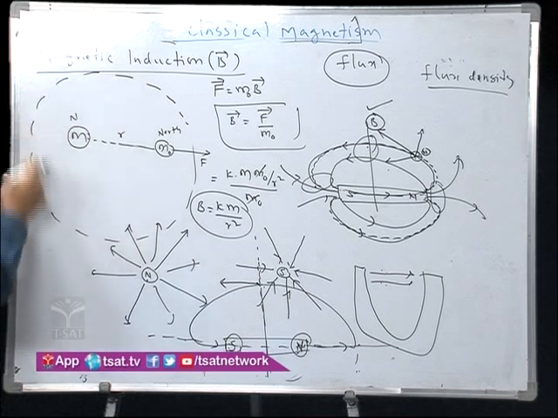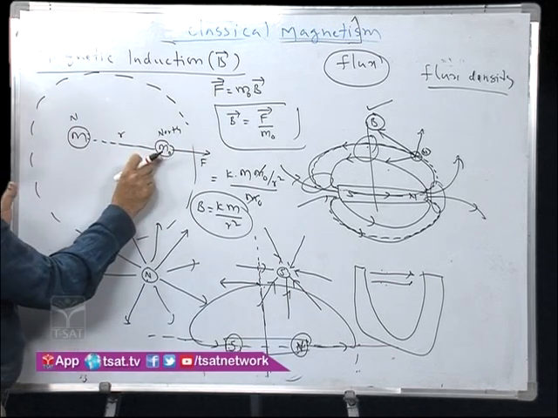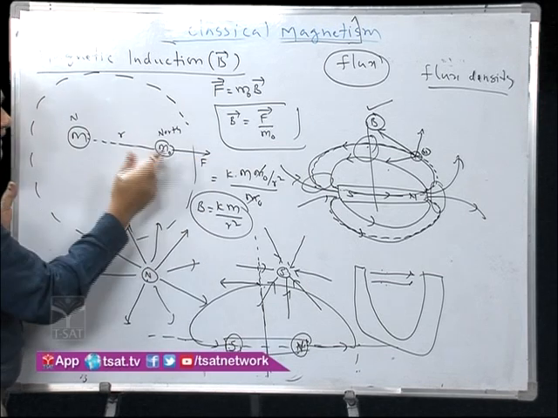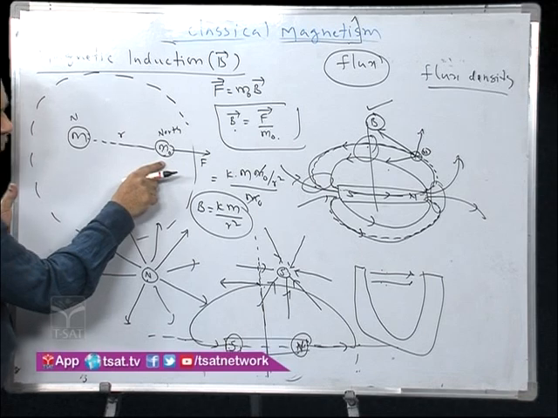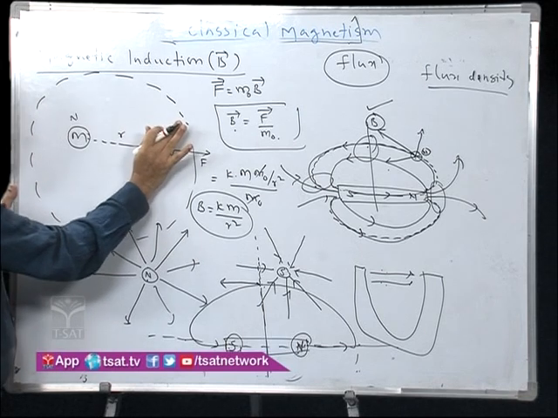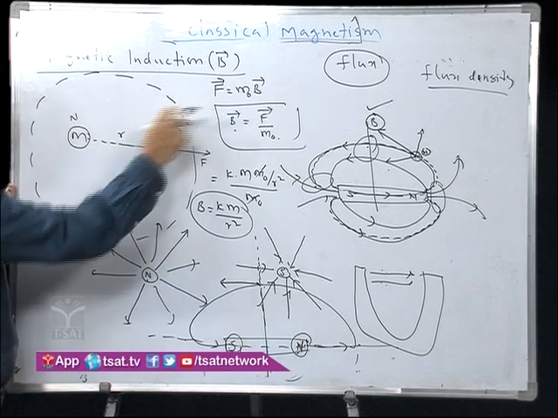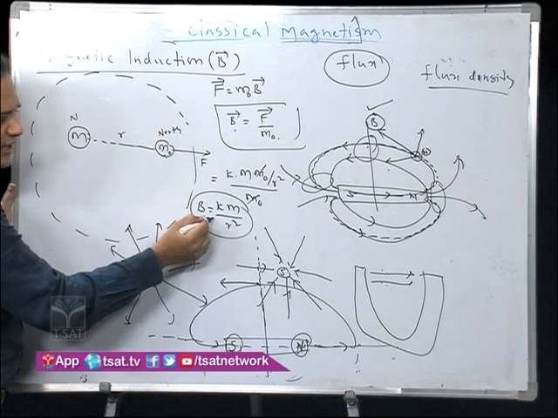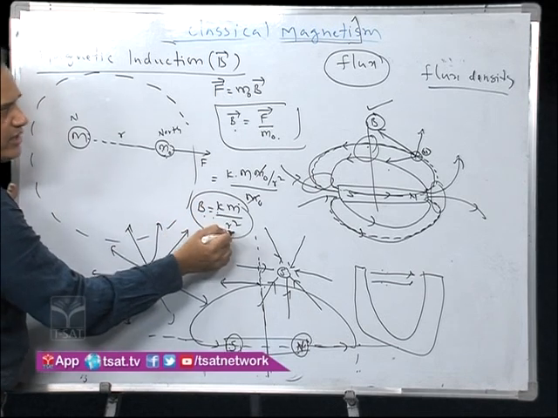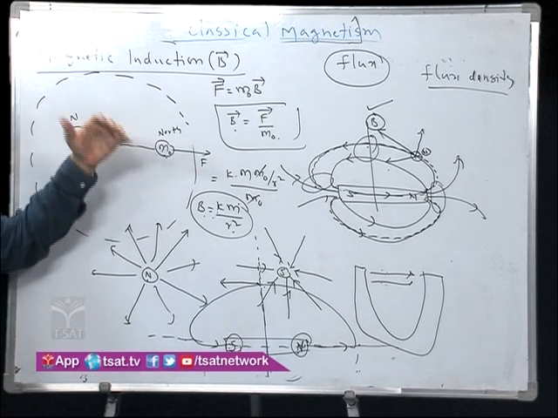See, in a uniform magnetic field or any magnetic field, when a unit pole strength is placed, the force experienced gives the magnetic field at that point, equal to F by m naught. But at the same point in a problem, m naught is not given. Suppose an m pole is given, and the field is formed at a distance r, the same point P, then the magnetic field is equal to constant into m by r square. Here the constant is equal to mu by 4 pi. This is the magnetic induction due to a pole.